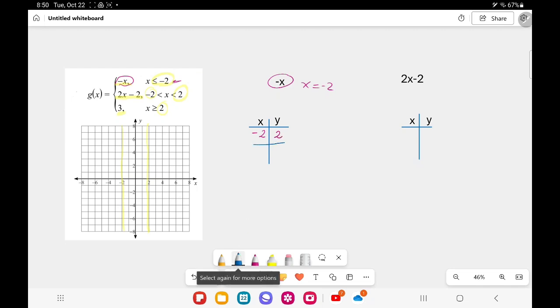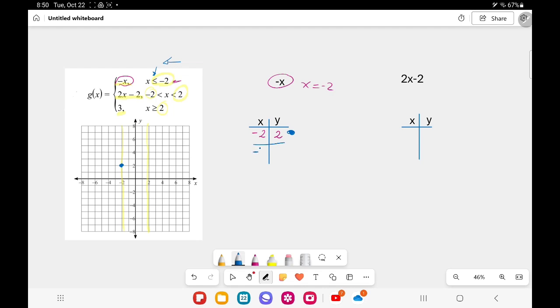Good. Now, there is an equal. So this is going to be a closed circle. So when x is negative 2, y is 2, I have a closed circle. Now I need to evaluate to the right or to the left. Look at the symbol. The symbol is pointing to the left. So I am going to evaluate a point that is to the left of negative 2.